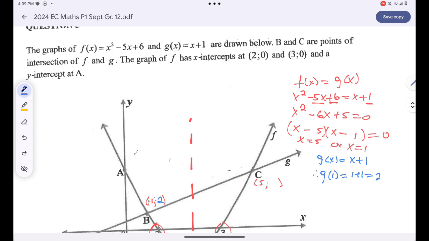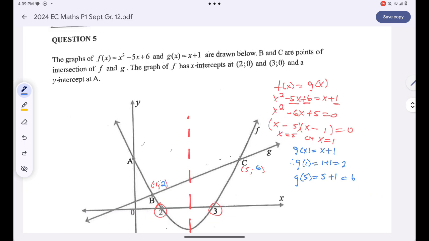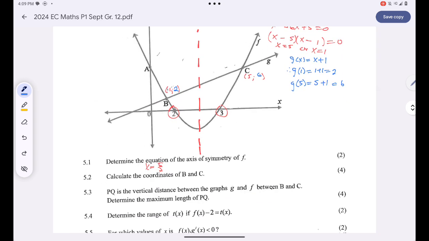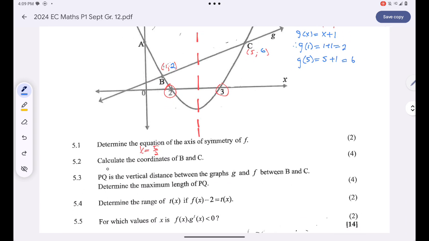Now let's find the value of y when x is equal to 5. I'll say 5 plus 1 and that will give me 6. So B has coordinates (1; 2), and C has coordinates (5; 6).